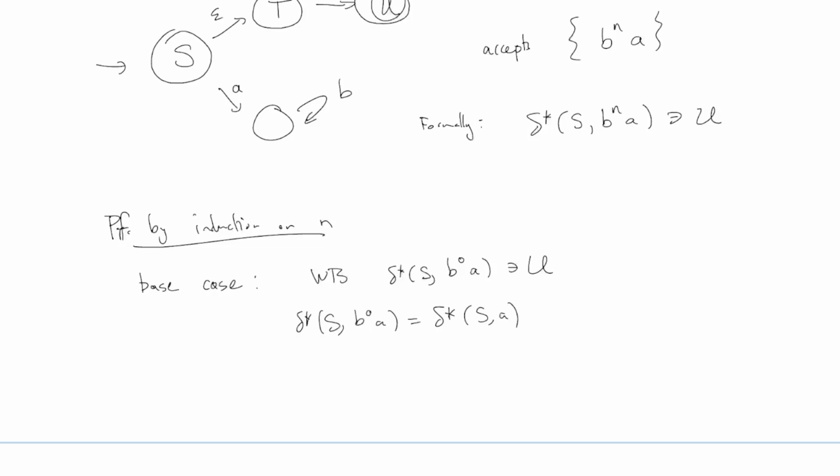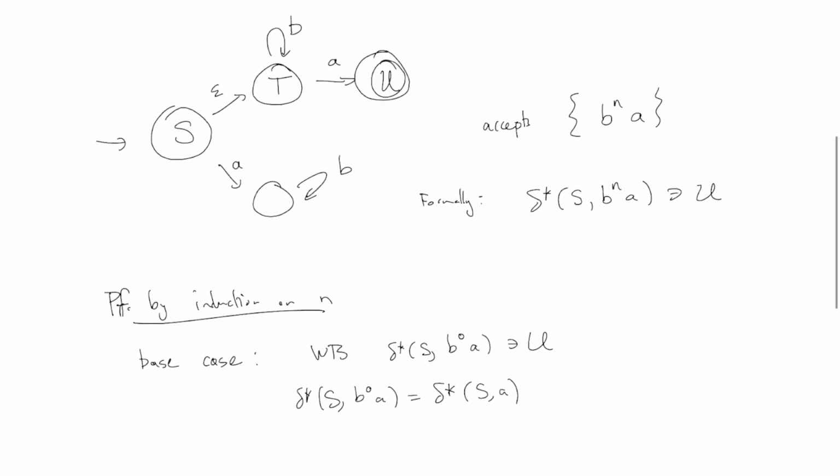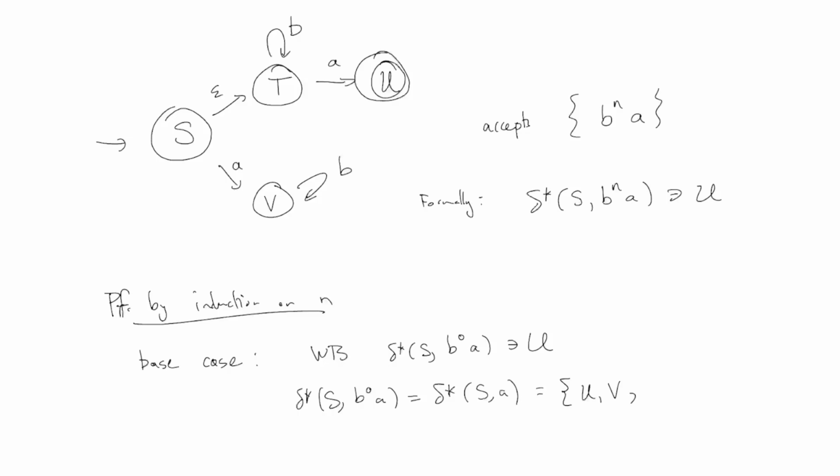And what is that? Delta star of S and A, just looking at the diagram. I didn't expect this, but I think I am going to have to refer to this one at the bottom. Let's call this other state V down there, because delta star of S and A is, I believe, the set of U and V. That means if I start in state S and try to read the string A, where could I end up?